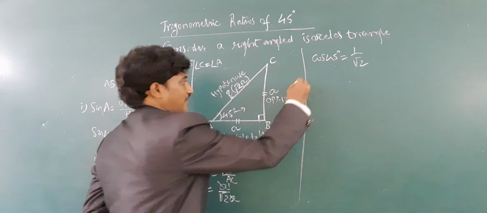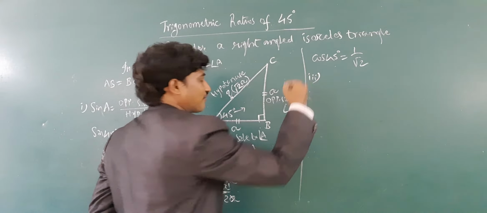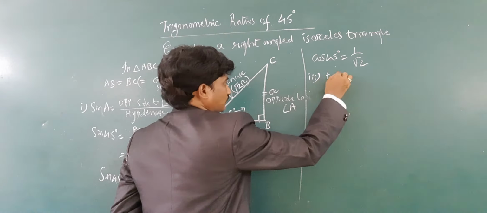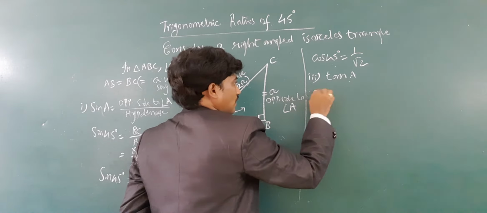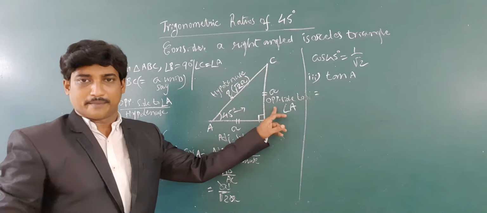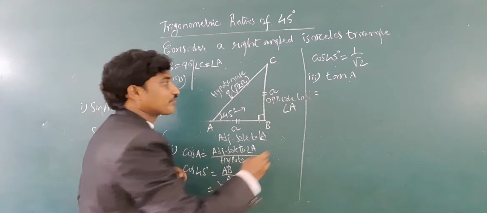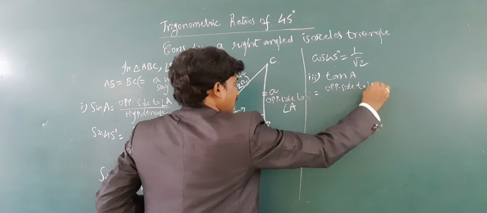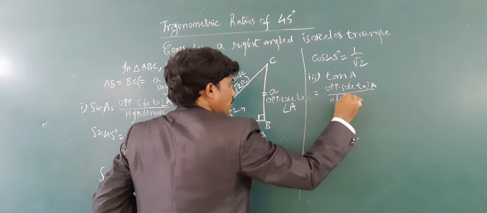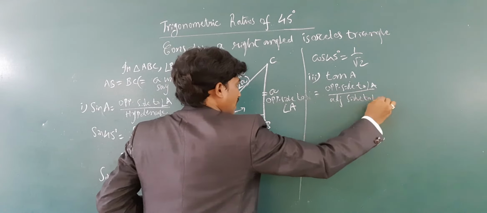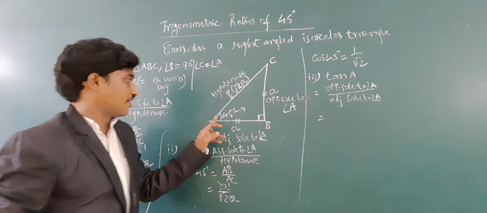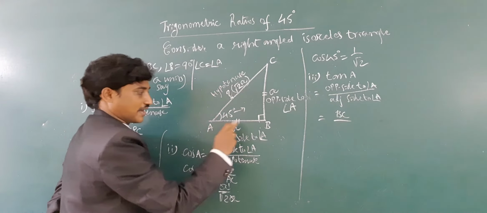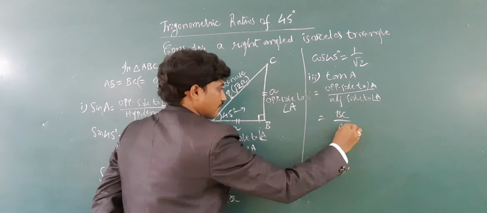Next, tan 45 degrees. To find tan 45 degrees, I am taking tan A. Tan A is equal to the opposite side to angle A by the adjacent side to angle A. The opposite side is BC and the adjacent side is AB.